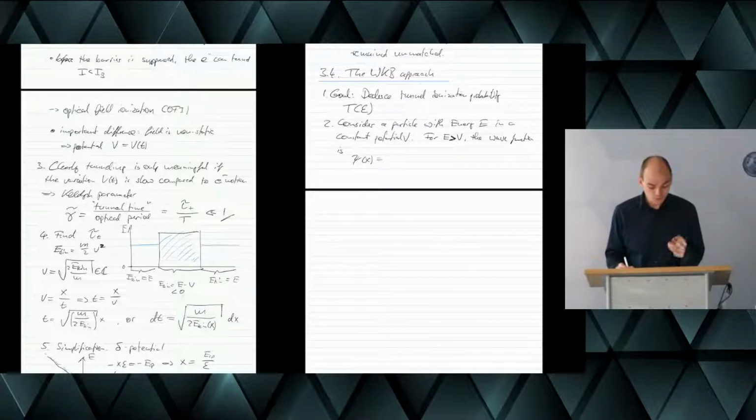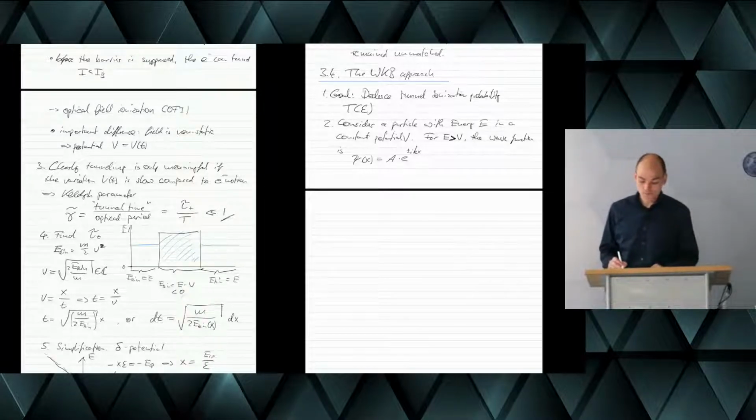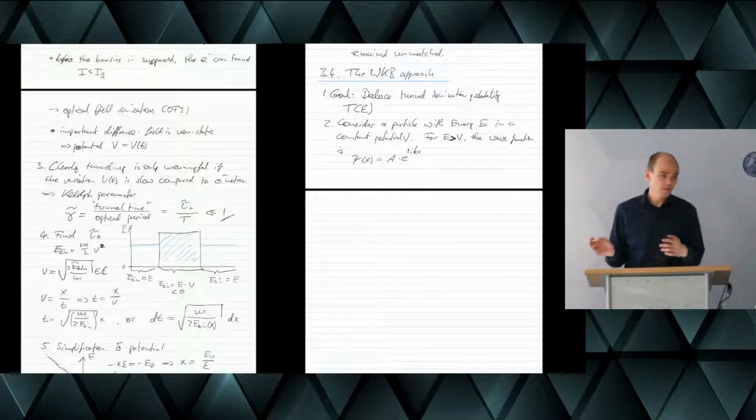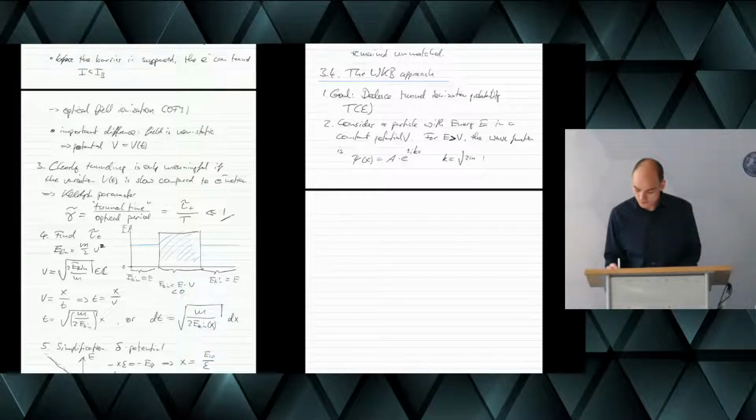This is the solution to the time-independent Schrödinger equation. You have an amplitude and an oscillating term, and the particle can move from the left to the right or from the right to the left. That would be in the sign here, plus or minus. And K would then be given by the square root of 2m(E minus V) over h bar.